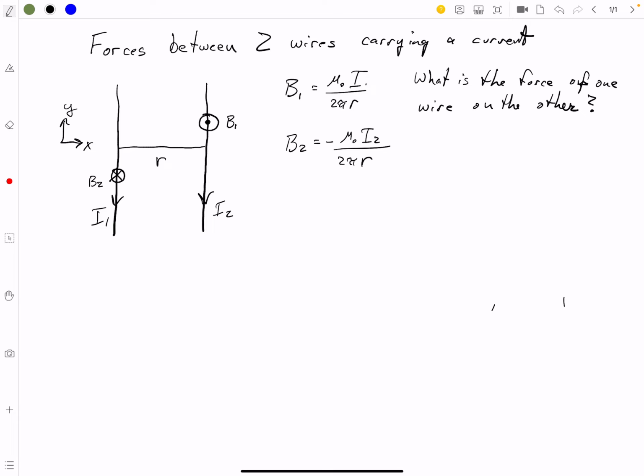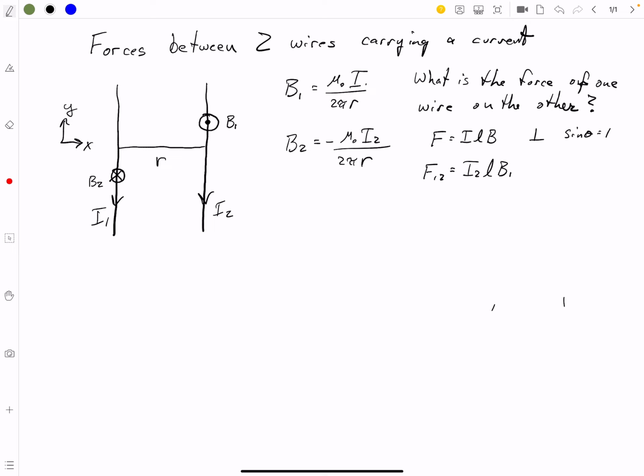So the force is equal to our ILB. Everything's perpendicular to each other, so we can drop the sine of theta equals 1. So ILB. And the force of 1 onto 2 is equal to I2 L B1.